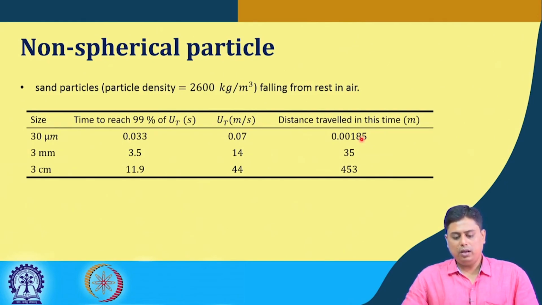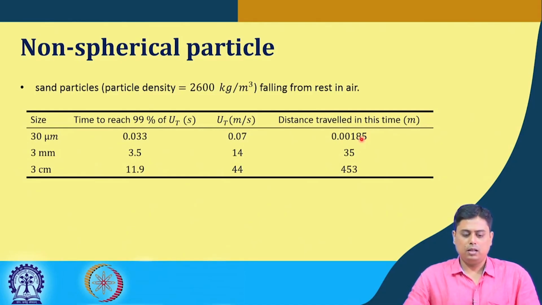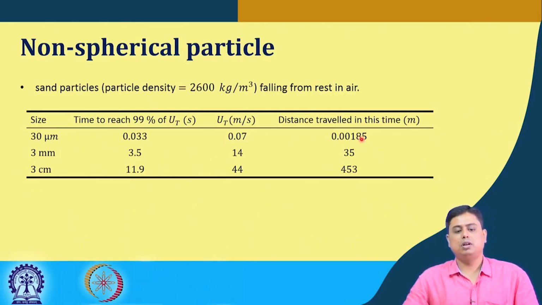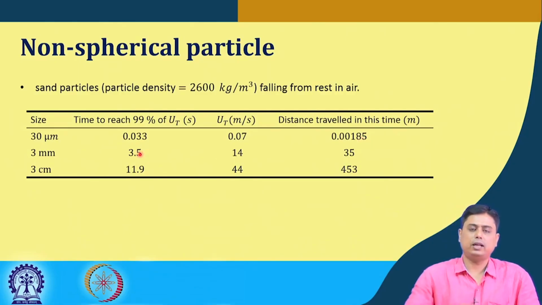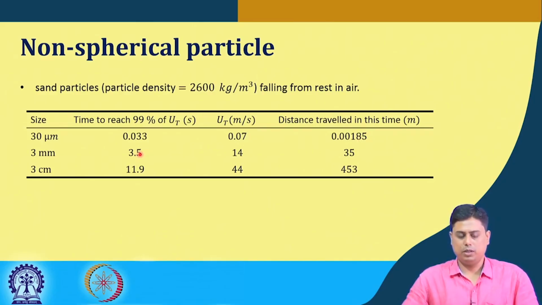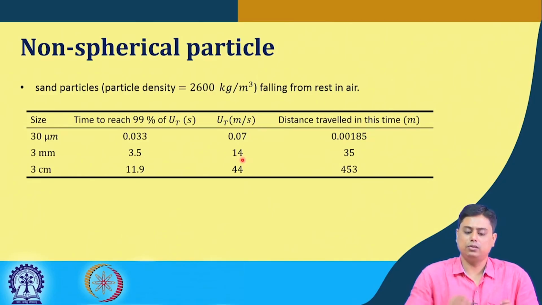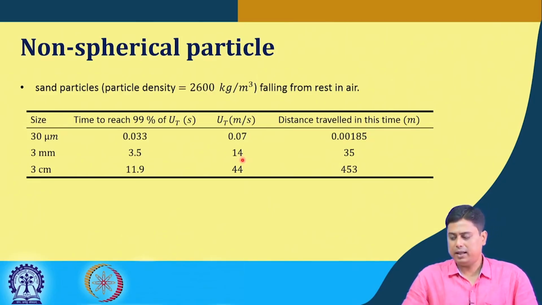Now if this becomes a 3 millimeter size particle, the time it takes to reach the terminal velocity is 3.5 seconds. The terminal velocity attained is 14 meter per second, and by that time the particle travels a distance of 35 meter.